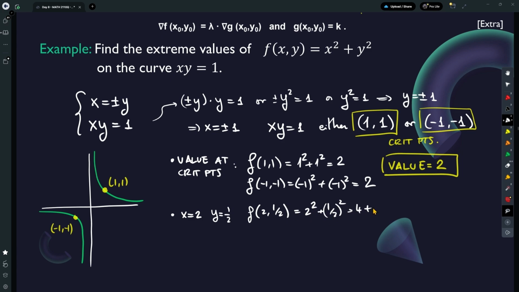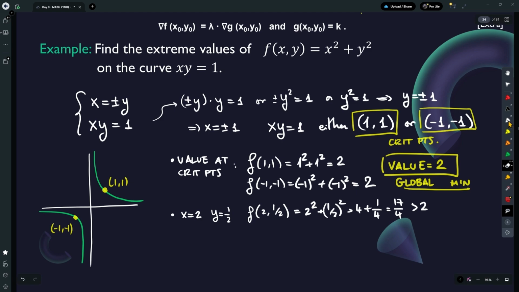That's 4 plus a fourth, which is 17 over 4, which is definitely bigger than 2. And so that means that this value we found must be a global minimum. And since there are no other critical points, it must mean that there is no global maximum.